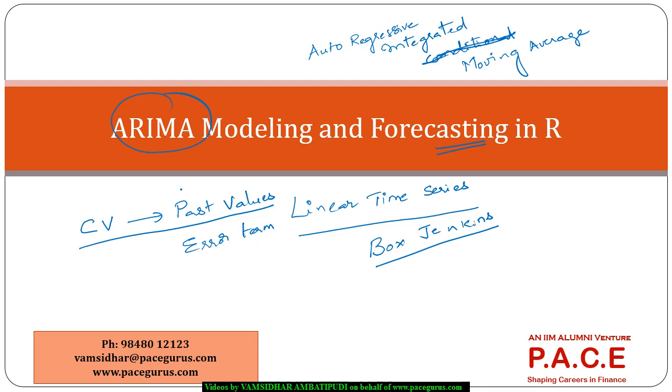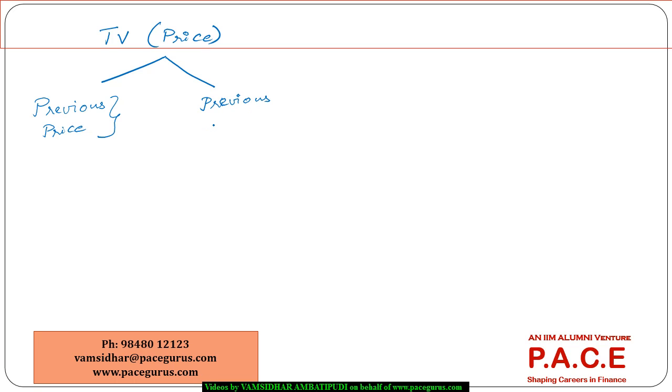So the today's value, let's say I'm talking about today's price, should be dependent either on the previous prices, yesterday's price, last month's price, like that, or the previous error terms. When I say error terms, it is the difference between the predicted value and the actual values of the past. So that is what we are calling the error term.